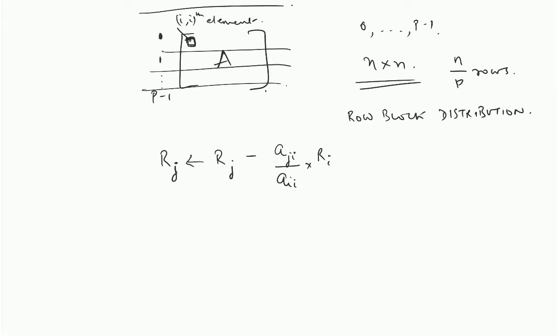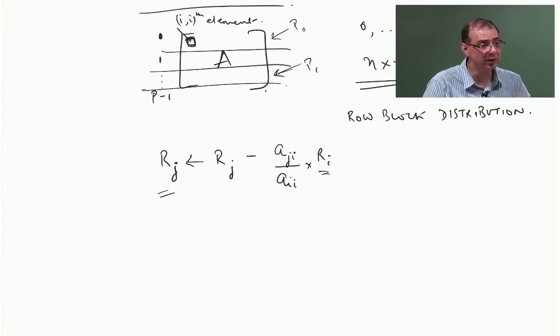So what do I need for this? The ith row, where is that residing? That's residing on some processor, let's say P0. And let's say we are talking about r_j, which is residing, well, I have to update each and every row, so let me pick up one which is residing on P1. I'm updating a row which is on P1. So what does P1 need from P0?